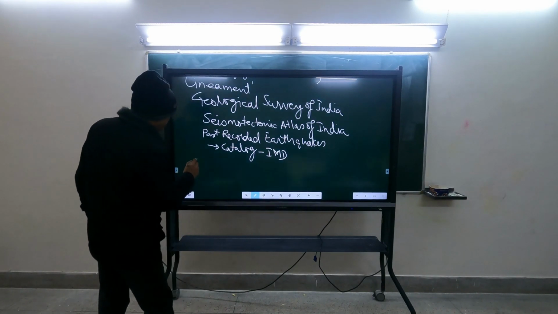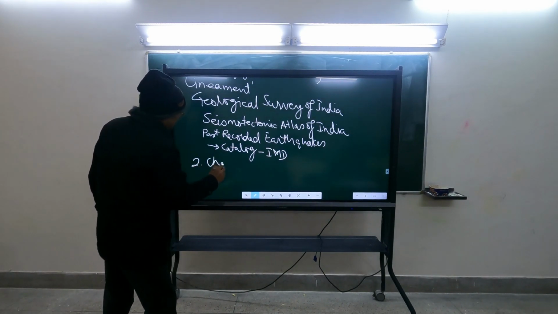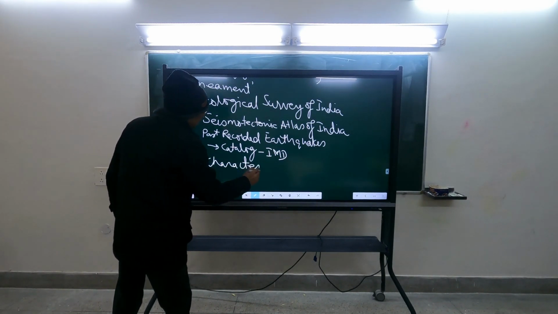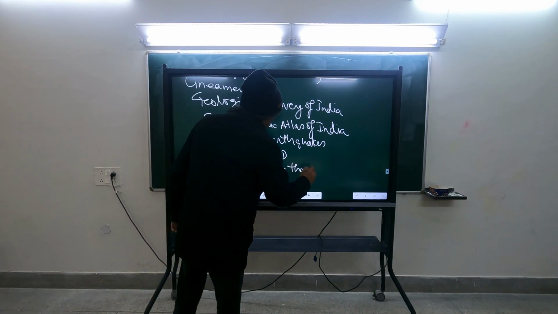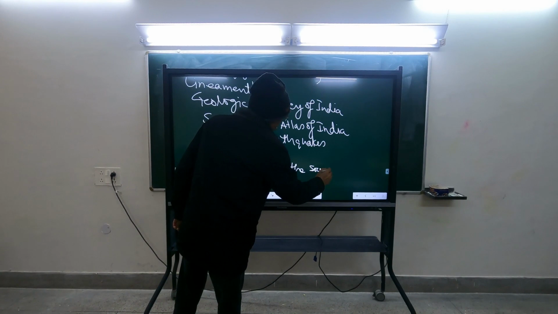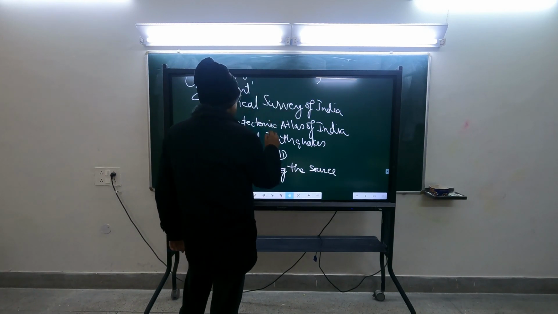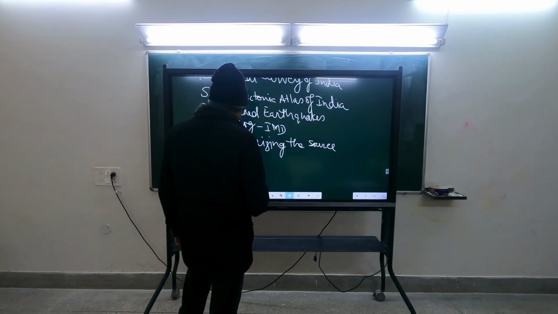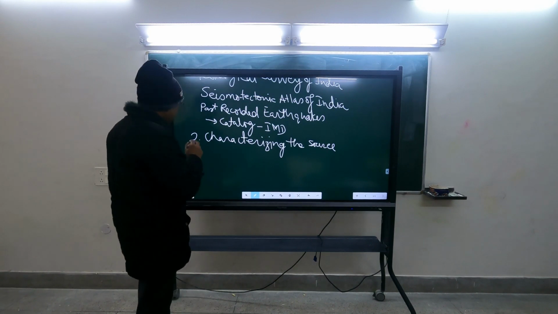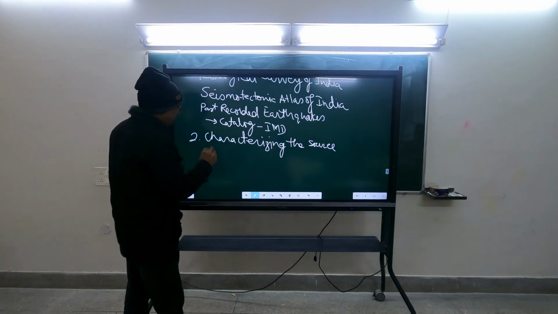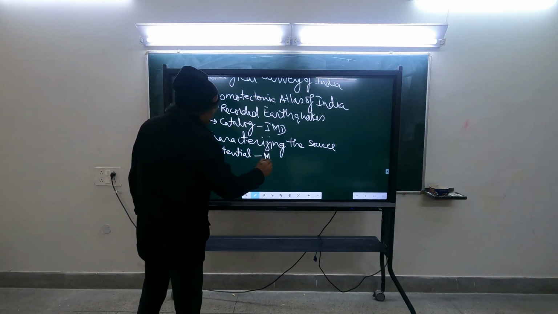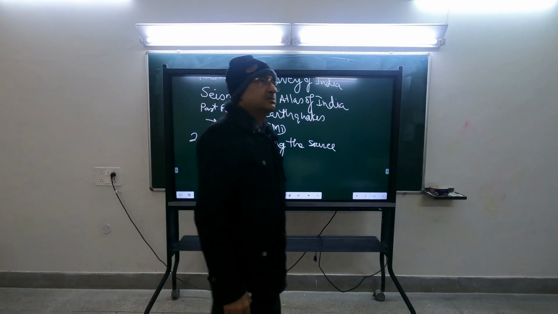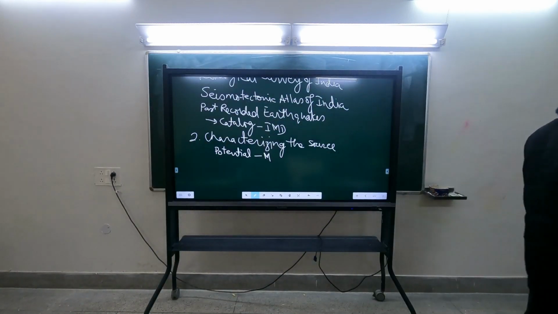Second step is characterizing the source. What are the characteristics of a source? First of all, its potential: which largest magnitude earthquake it can cause, so the magnitude of earthquake.